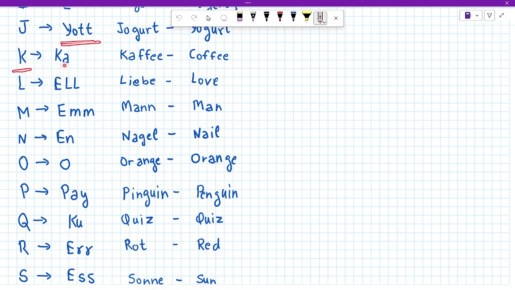K is pronounced as Ka. L is pronounced as L. M is pronounced as M. N is pronounced as N. O is similar to English O. P is pronounced as P.